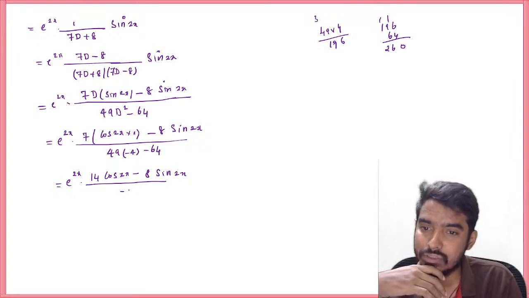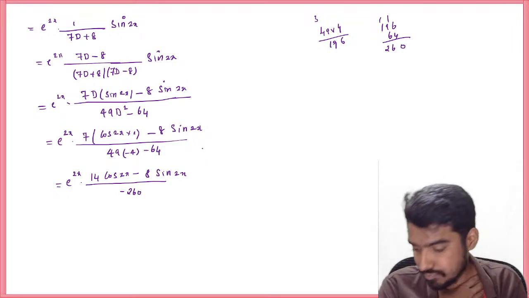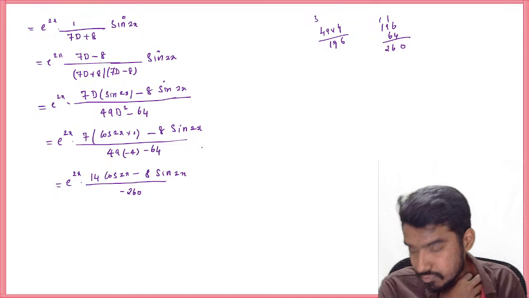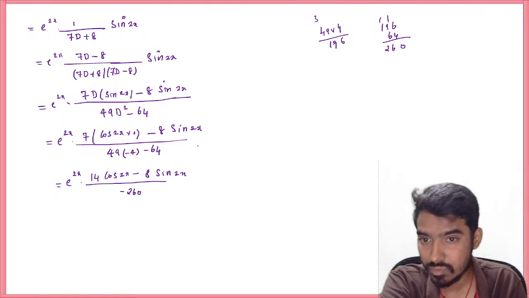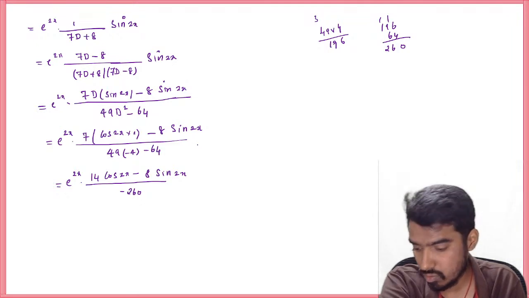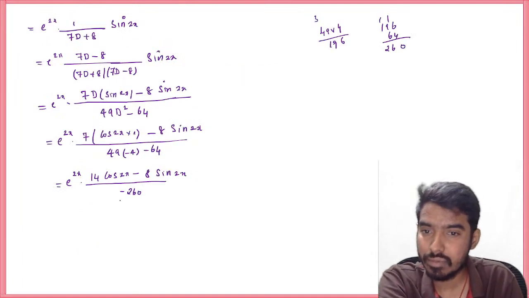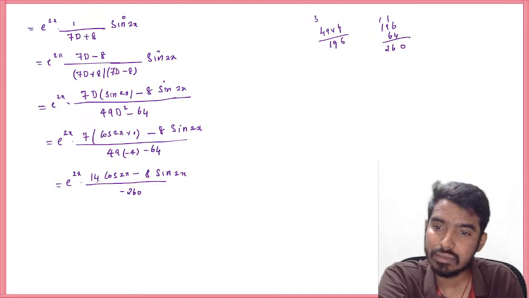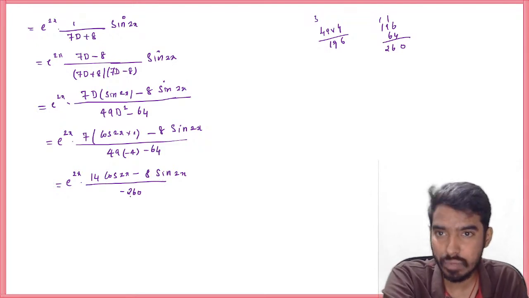We have this 3 minus 260. I think you are not getting the answer. e power 2x sin 2x. Okay, so this is the required answer, right? So e power 2x, 14 cos 2x minus 8 sin 2x by minus 260 is your required answer.